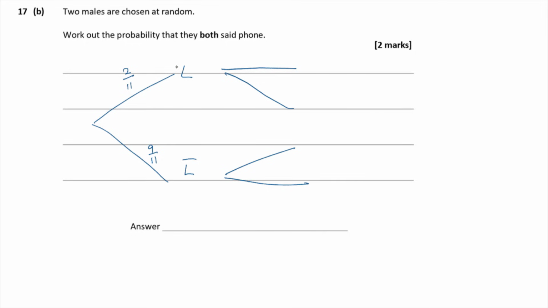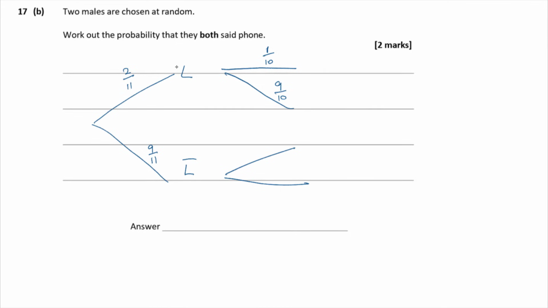So let's assume you picked one of the guys who preferred working on their laptop. When you ask the next one, you've got one less to pick from altogether, and one less person who chose laptop because you've already picked one earlier. And the same for the second fraction, you're going to have out of 10 there, and you've still got all 9 to pick from there.